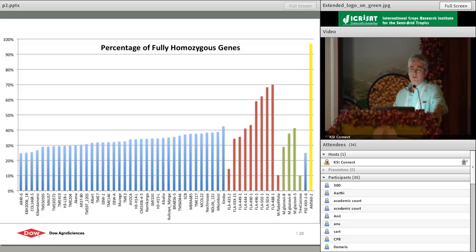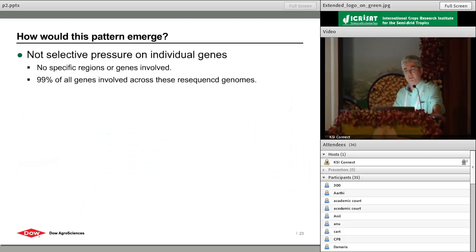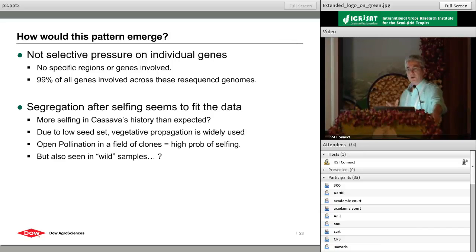We don't think there's any explanation here about selective pressure or selective sweeps because there's no one region that seems to have been focused on here. So the best explanation we can come up with is that this is just evidence of recent selfing in cassava's history, even though it's an outcrossing species.